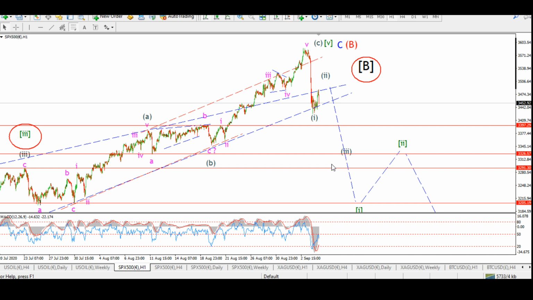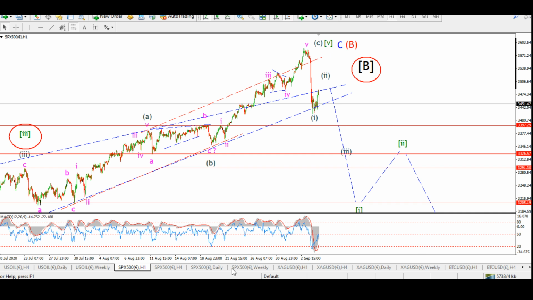I was talking about the initial move down off the top would be pretty rapid. So at this moment in time, I'm counting this as the initial move of the initial move. So the first leg down of the initial first wave that I'm looking for. So large 5 waves down is what I want to see, and then a corrective lower high. So we have time to build that over the next week or two.